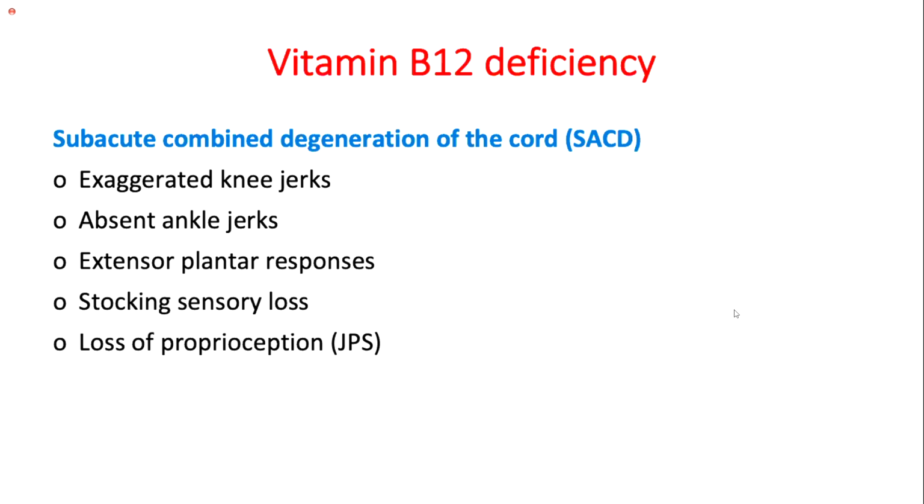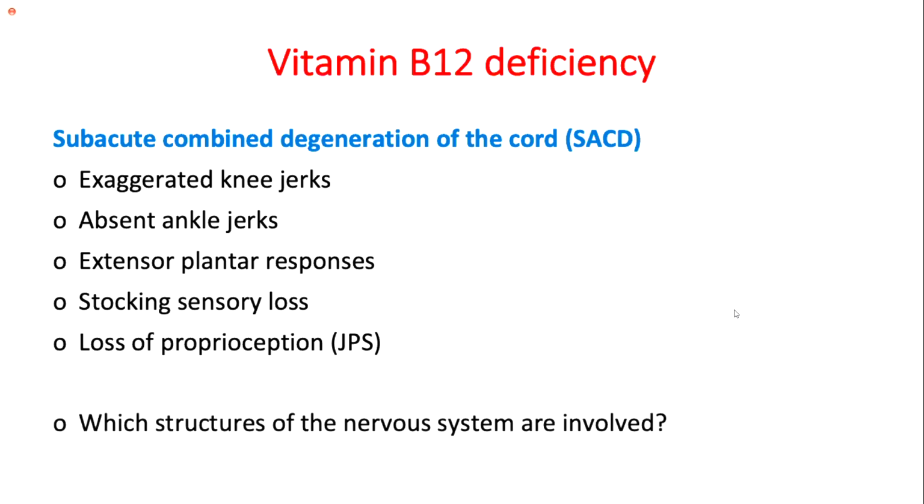And the only instruction is, patient has difficulty walking, please examine the lower limbs. That's it. If you elicit all these signs, you smile, have a laugh and say, my diagnosis is subacute combined degeneration. Your question is, which structures of the nervous system are involved to present these clinical features?